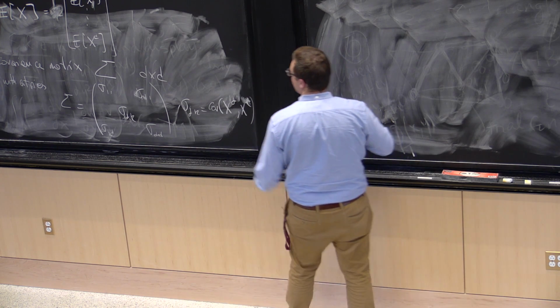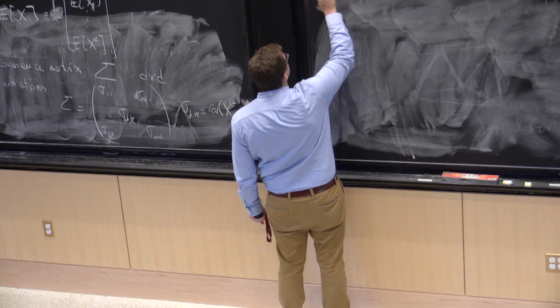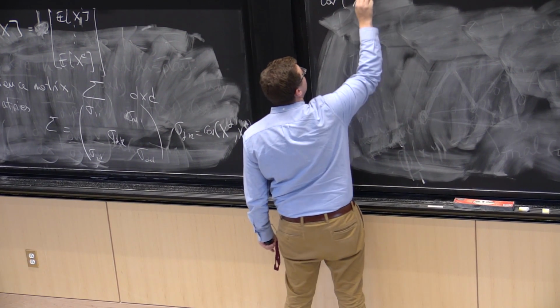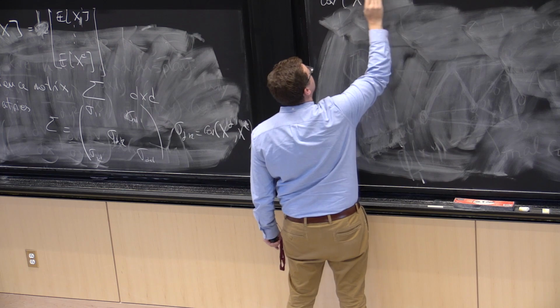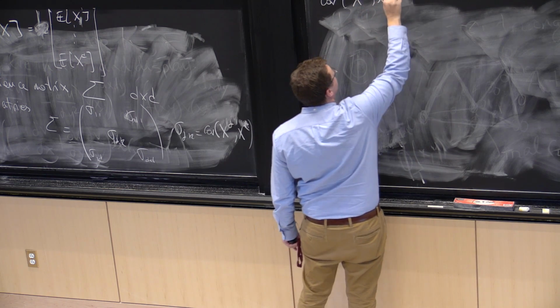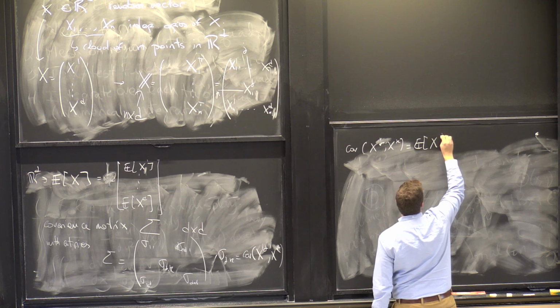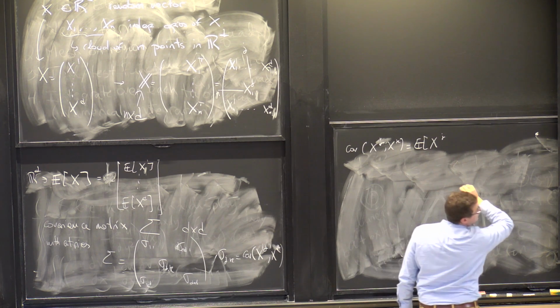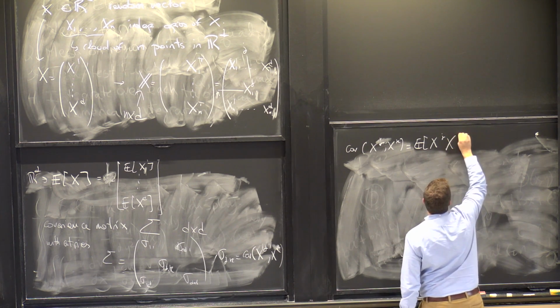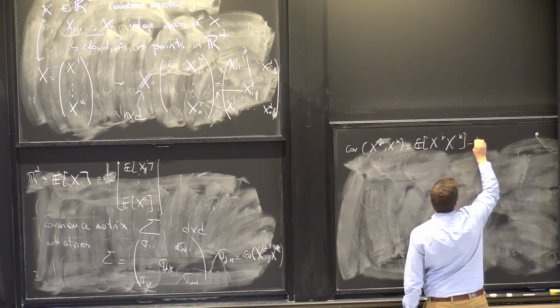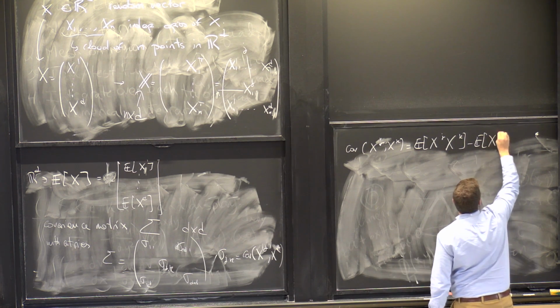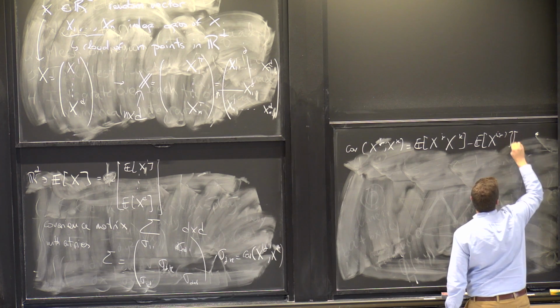OK, so right, so what is the covariance between xj and xk? Well, by definition, it's the expectation of xj and xk minus the expectation of xj times the expectation of xk.